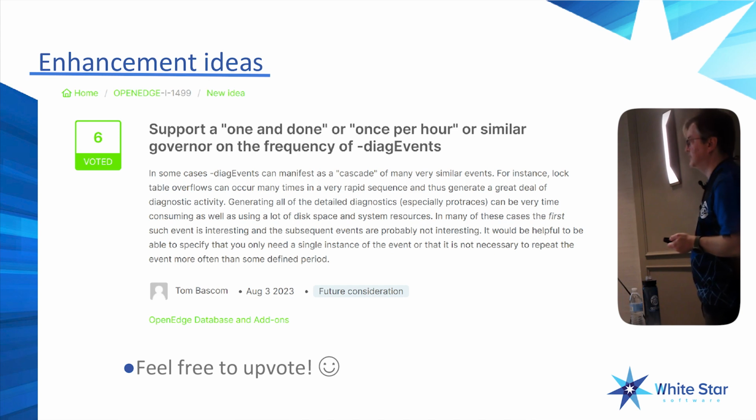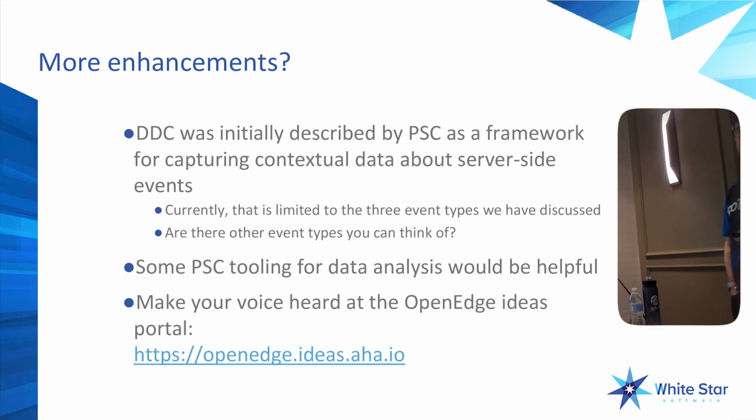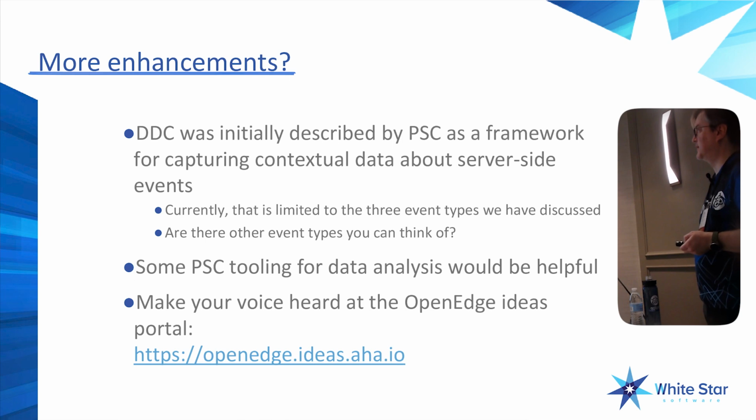So I mentioned that we had submitted some ideas to the ideas portal. Feel free to go log in there and vote them up so we can get product management looking at them. And as I mentioned at the outset, this feature was originally described as a framework, suggesting that it could be extended to more than just the event types that we have now.